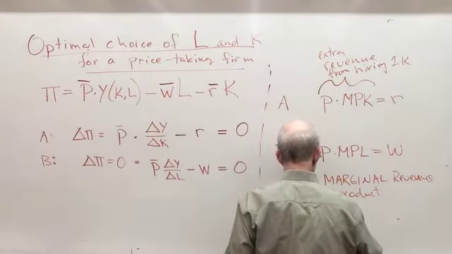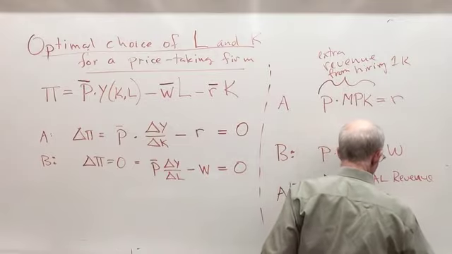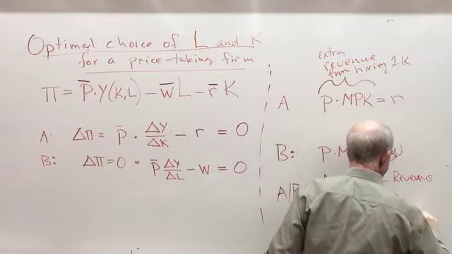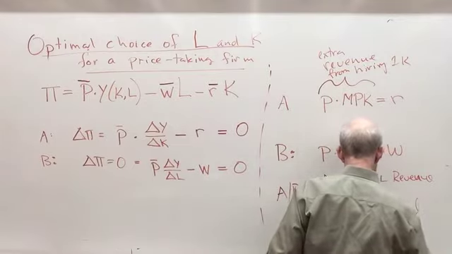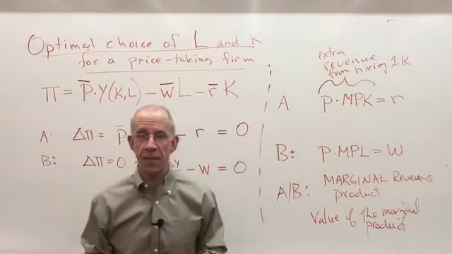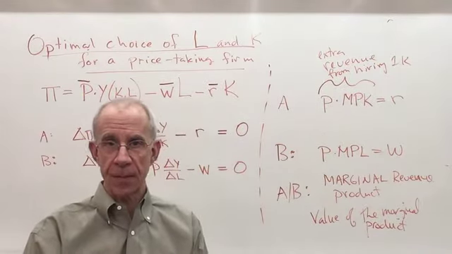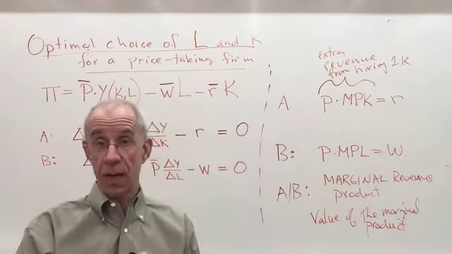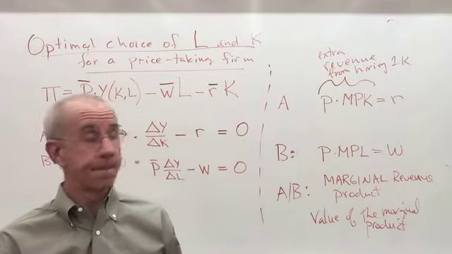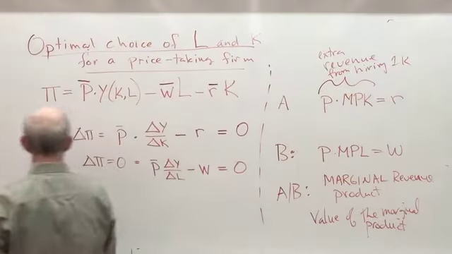Sometimes you'll hear the value of the marginal product. Different names, same idea. Both of them have to do with multiplying the price of the good that you sell by how much extra of those goods you get by hiring one more unit of the input. Okay, so here are these profit maximizing conditions.